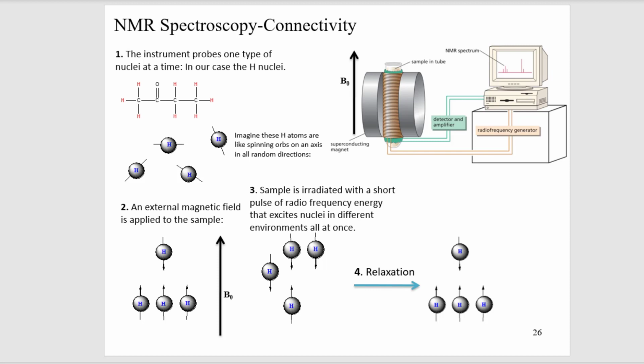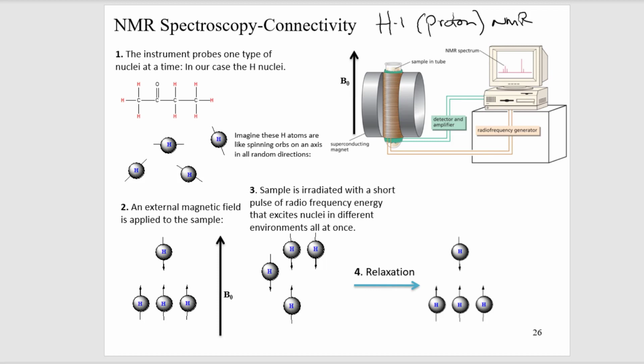So it's important to understand that we're actually going to get some connectivity information when we run an NMR. And I want you to be aware that we are going to be focusing on proton NMR, or H1, right? Now, the instrument has the ability to probe other atoms, and we'll talk about those a little bit later, but I want to focus on the fact that we're going to set the instrument.